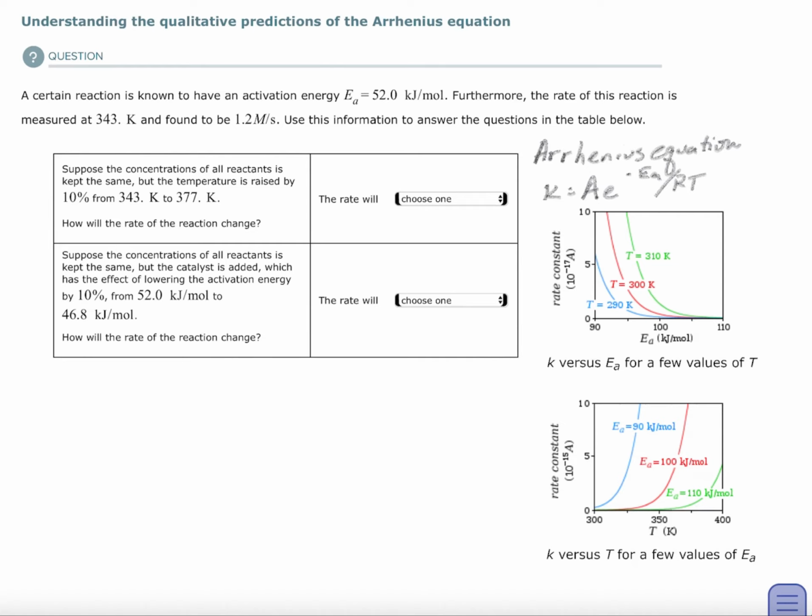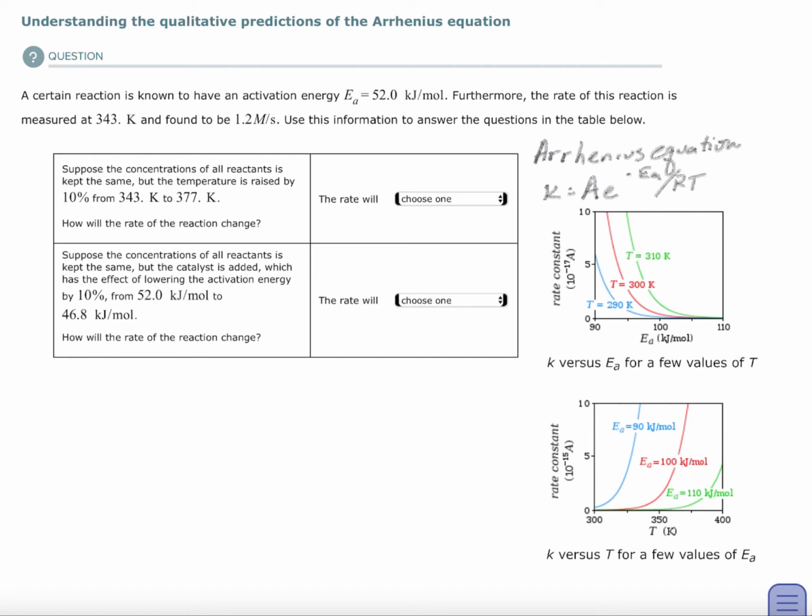So they're inverted, and it's also exponential, which means if you go up a little bit with the activation energy, you go down a lot with the rate. What does that mean? If you increase the activation energy by 10%, the rate will go down by more than 10%. If you drop the activation energy by 10%, the rate will increase by more than 10%.